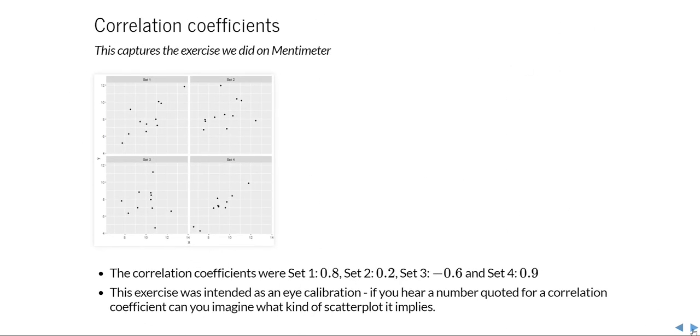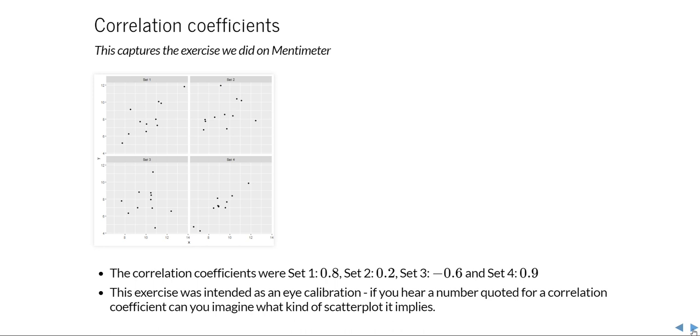And we went on to look a little bit more at what it means to reduce a scatter plot to a correlation coefficient. We did a couple of exercises on Mentimeter, and here is a plot of completely fictitious, made-up data. There's only 11 observations, and the data's been simulated to have different correlation coefficients.